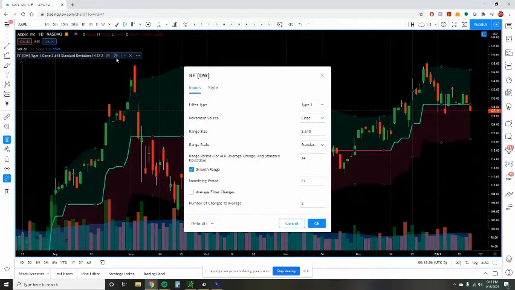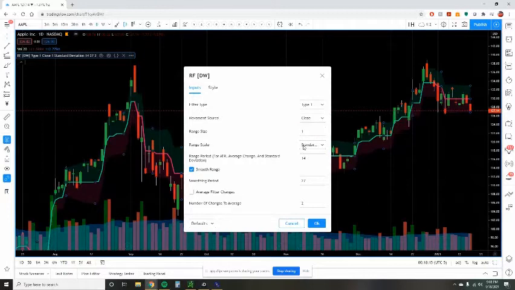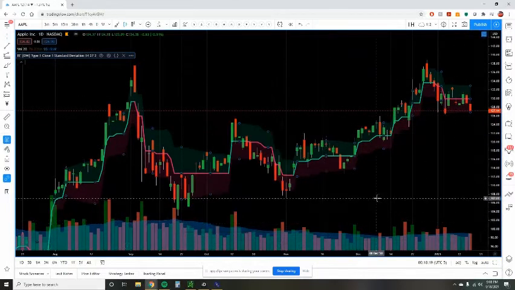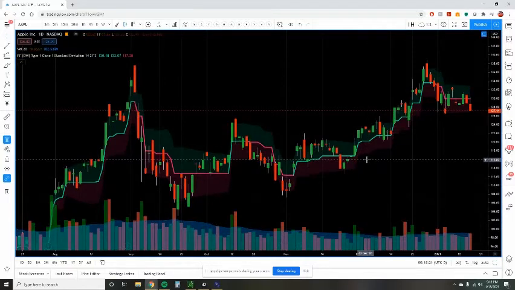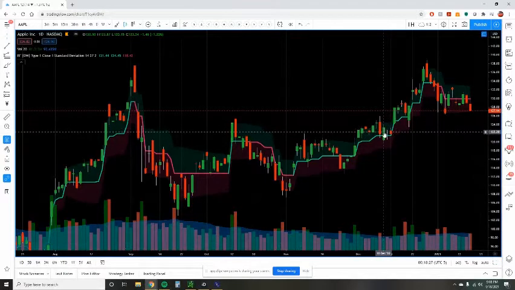Now, there are settings that you can customize. For instance, if you wanted to use one standard deviation for your range, you would be able to see where basically 68.2% of the trades over the last 15 periods occurred.